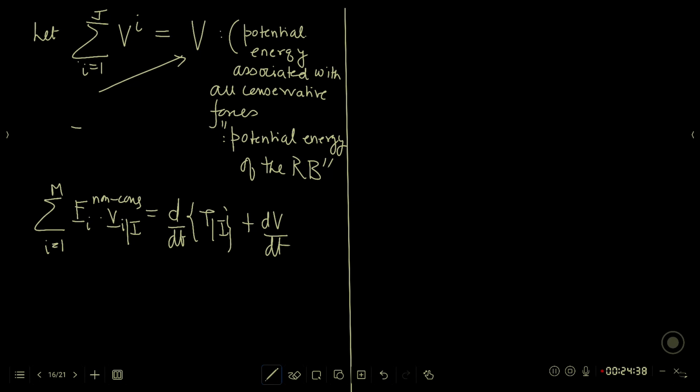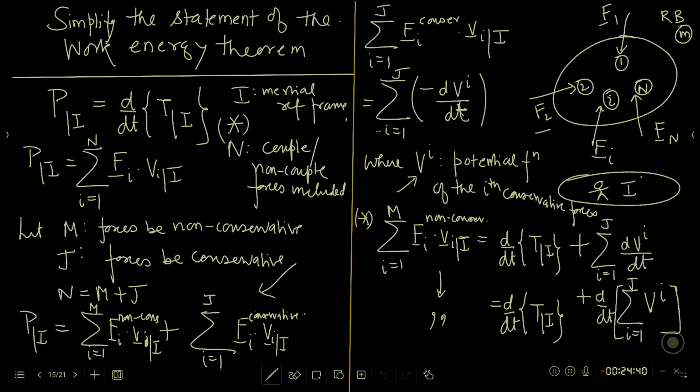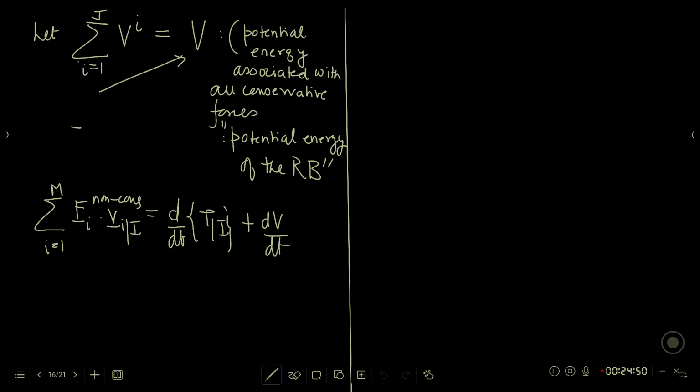Go back here, summed up whole thing I am calling V. So it is just the rate of change of that V. That is why I am writing it in a more compact manner.